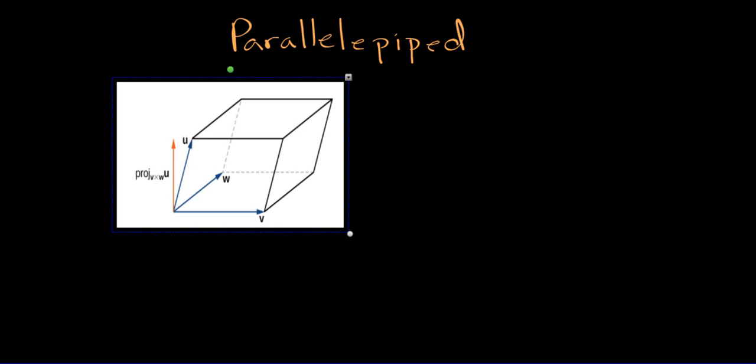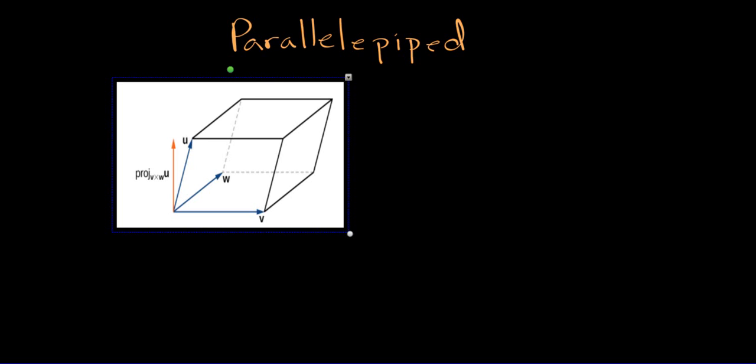Remember it's three dimensions, so we have the base made by V and W, and then another vector that goes up, and we have parallel planes instead of parallel lines.